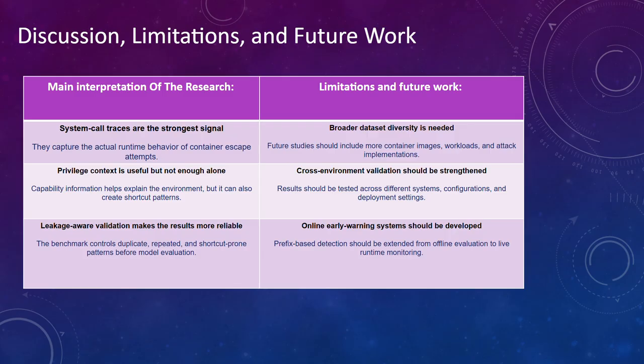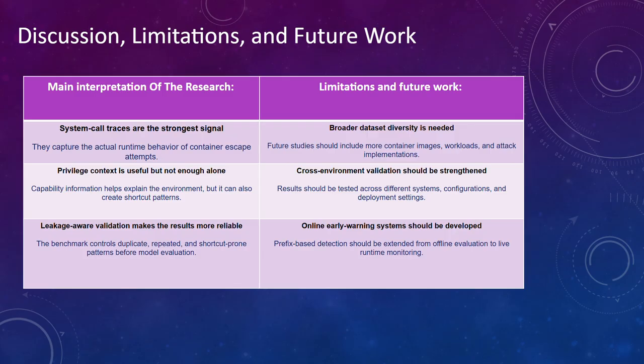Our project also has some limitations and needs for future work. Broader dataset diversity is needed. For example, more container images, workloads, and attack implementations can be included. Cross-environment validation should be strengthened.